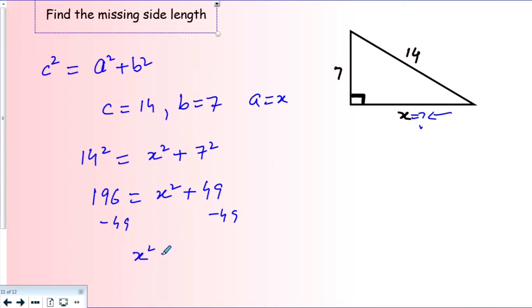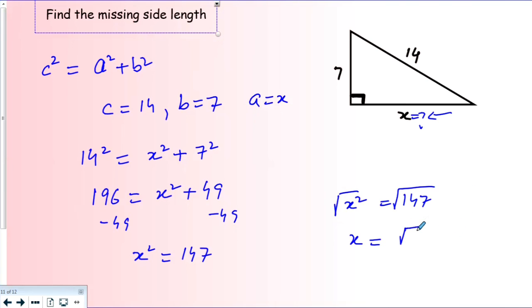We get x squared equals, I think, 147. Now taking the square root again on both sides, we get x equals the square root of 147.